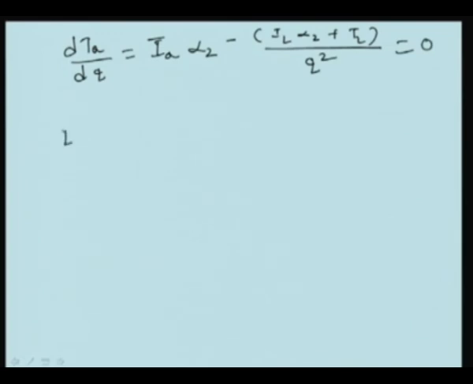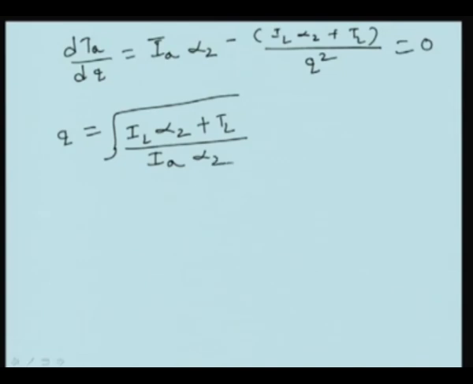So, therefore, Q is equal to under root of (IL alpha 2 plus TL) divided by (IA alpha 2). This is the optimum gear ratio.